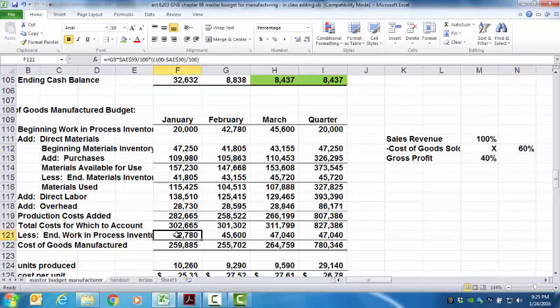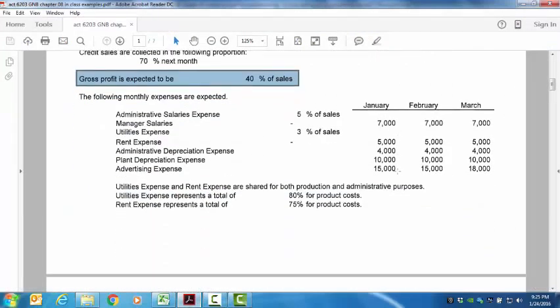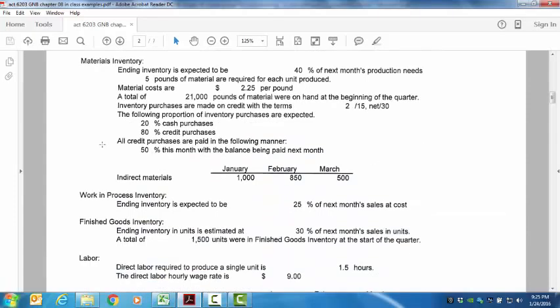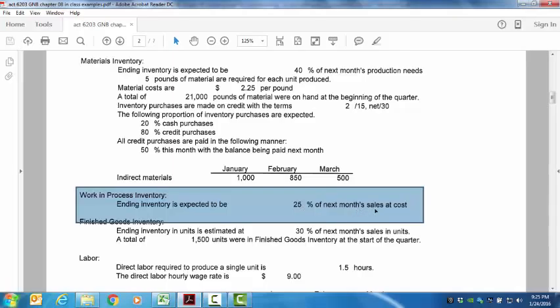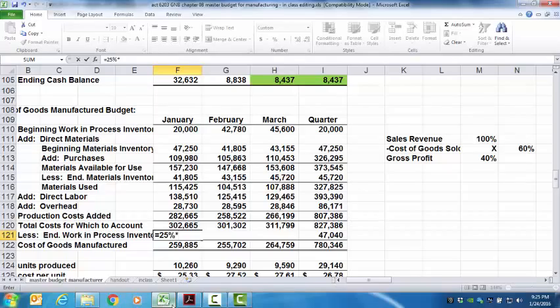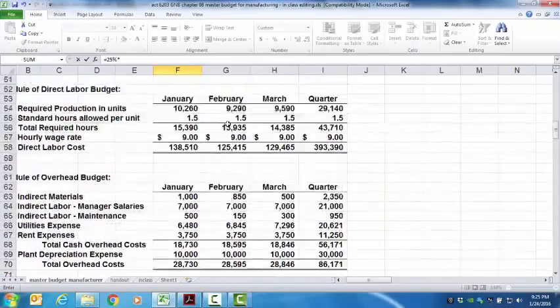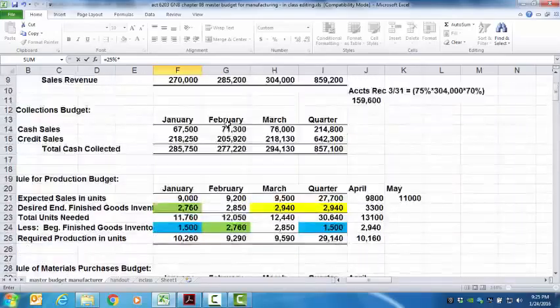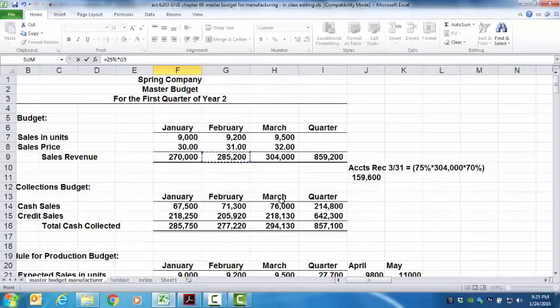So if I come back over here to the ending work in process, recall, we want ending inventory to be 25% of next month's sales at cost. So we're going to take 25% of next month's sales. Next month, February. So I'm going to go all the way back to the sales budget, and I'm going to pick up February sales.